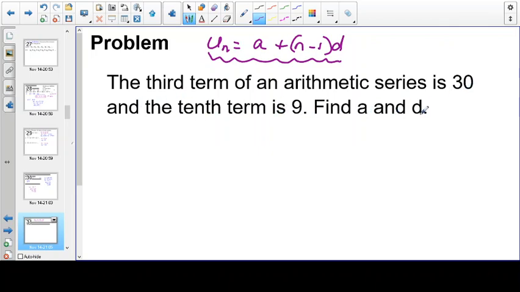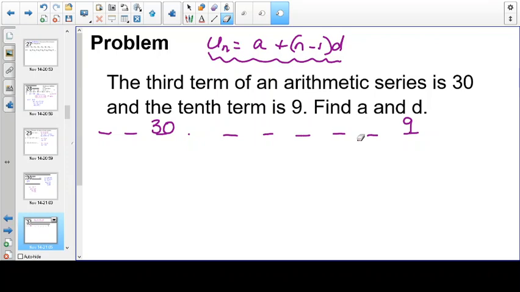Find A and D. Okay, so we know that the third term is 30. 1, 2, 3, 4, 5, 6, 7, 8, 9, 10. The third term is 30, and the 10th term is 9. Okay. What we don't want to do is start guessing and trying to figure out gaps. We're going to use our A and D notation.